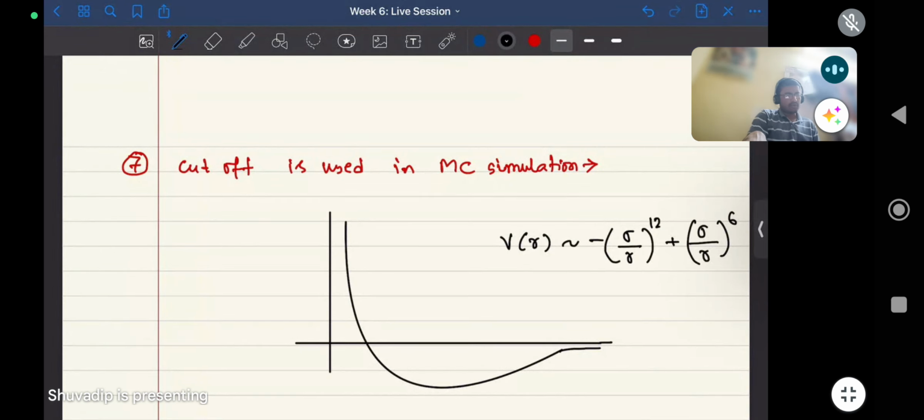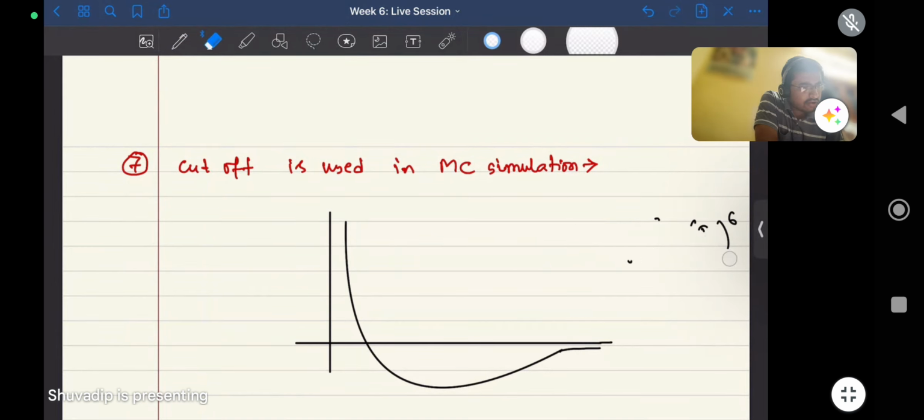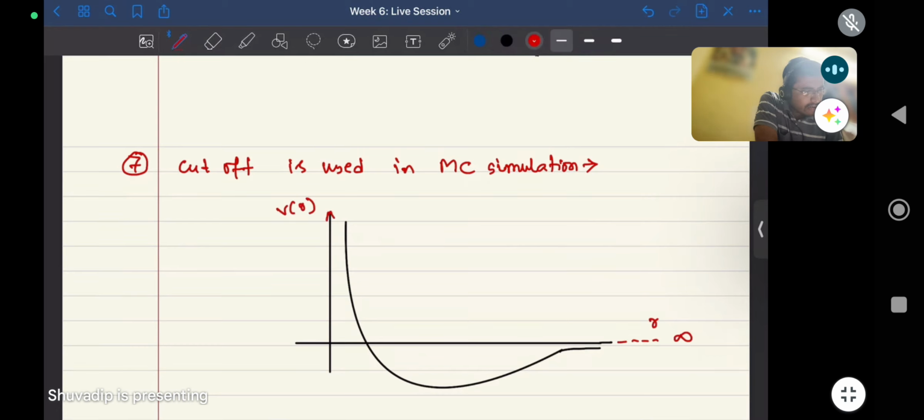So the form will be something like this. And now suppose this potential will go to 0. This potential will go to 0 here only at infinity. R is equal to infinity. So this axis is R, this axis is V of R. So at R is equal to infinity, it will go to 0 ideally.